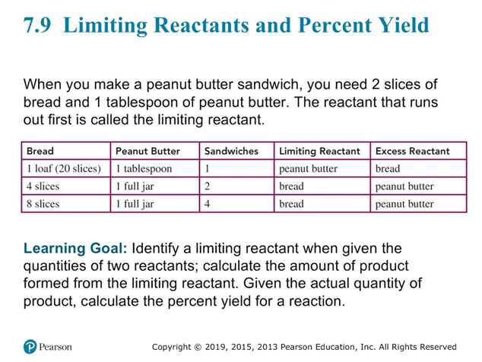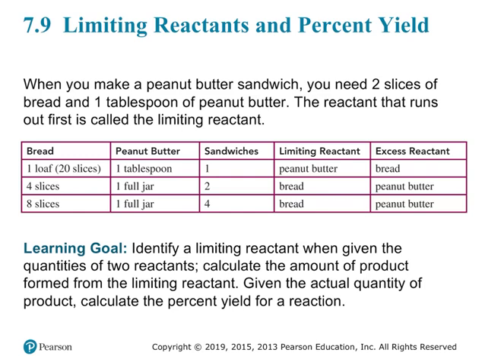This is very similar to if you're baking. Let's say you're trying to make a cake and you need some flour, some sugar, some eggs, etc., but you only have 2 eggs. So those 2 eggs are going to limit how much cake you can make. And that's the same for a chemical reaction. Now, in a different example here, let's say we're making a peanut butter sandwich.